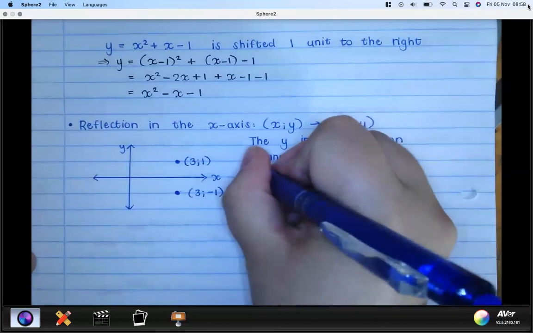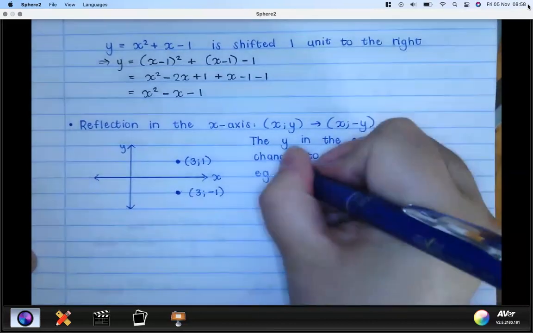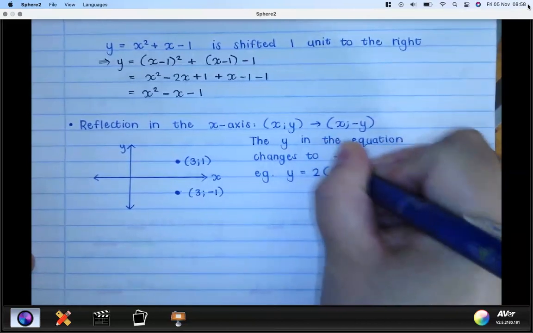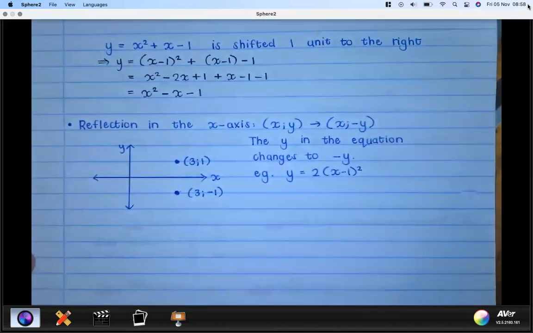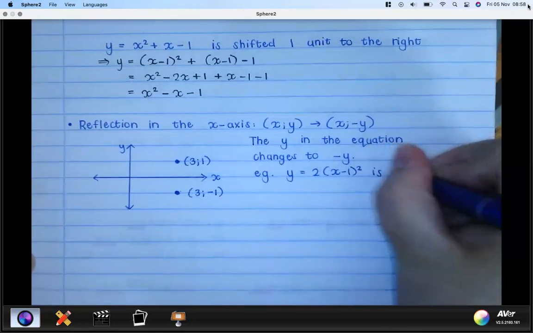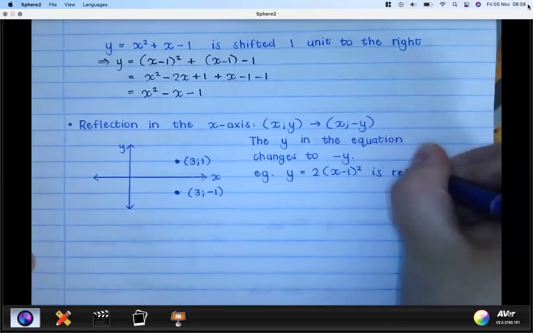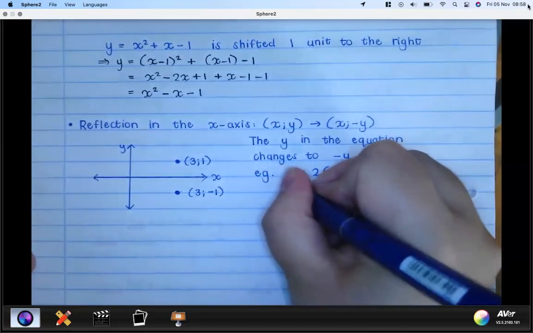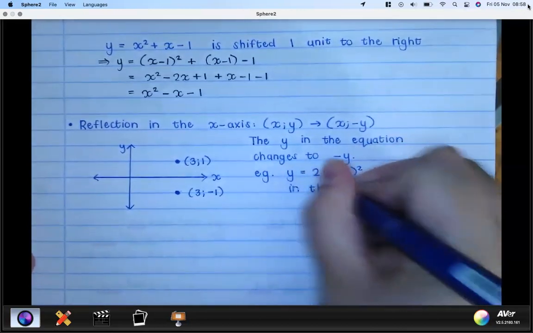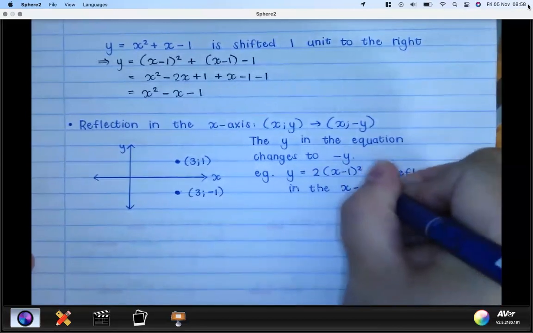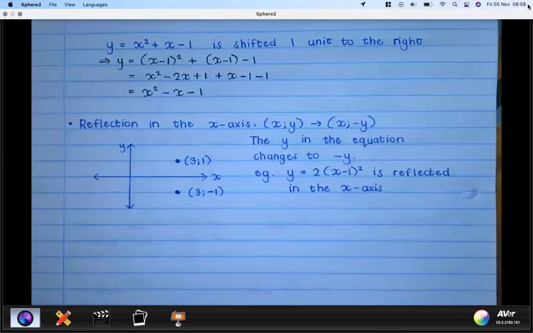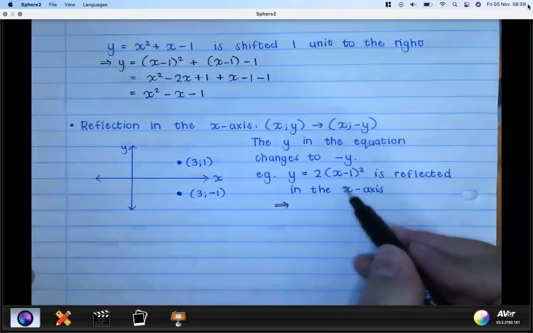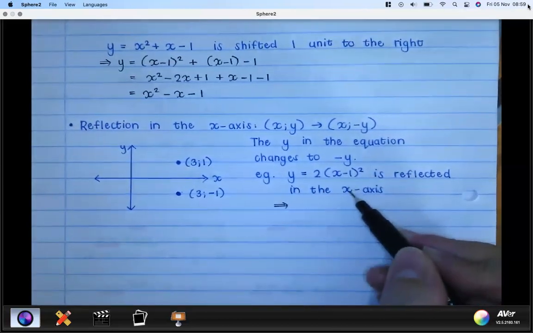For example, if they're telling you y equals 2(x minus 1) squared is reflected in the x-axis, and they want the new equation, you need to remember that in the x-axis, y changes its sign.